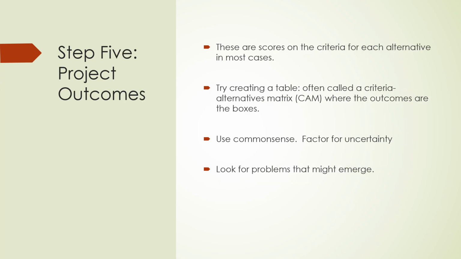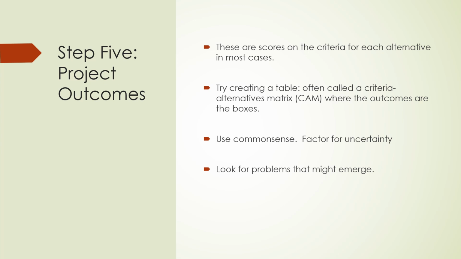The next step is to project outcomes, to determine what you think is going to happen. These are scores on the criteria for each alternative. You should try to create a table. Just remember I said I was going to tell you about this more later. You should try to create a table, often called a criteria alternatives matrix, where the outcomes are the boxes.